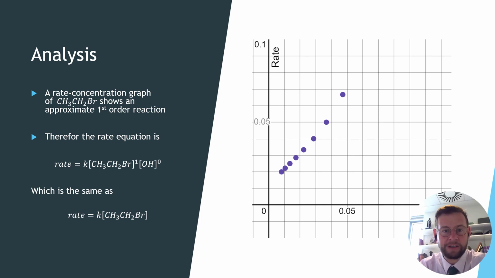Because it is not dependent upon the concentration of the hydroxide ion, it is to the power 0. It means we don't have to include it in the rate equation, because anything to the power 0 is just equal to 1. It means that the rate is equal to the rate constant multiplied just by the concentration of the bromoethane.